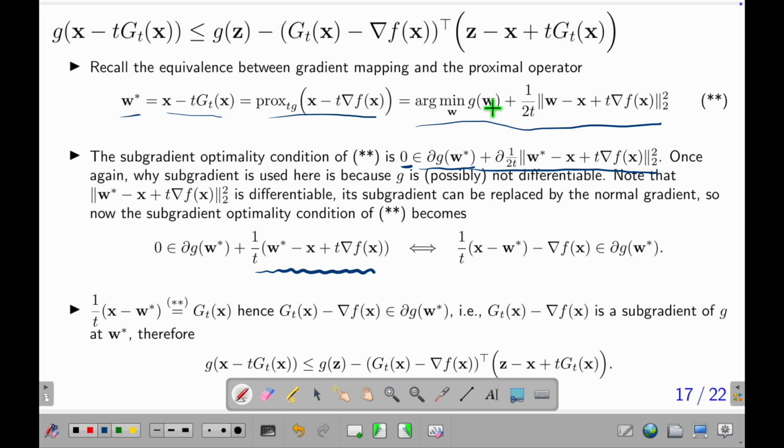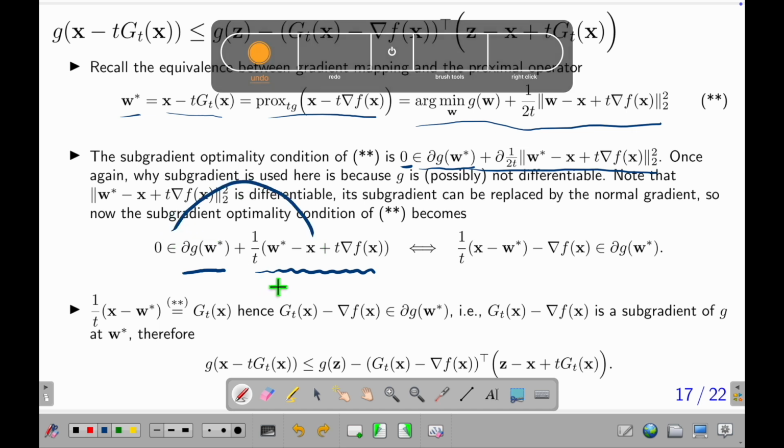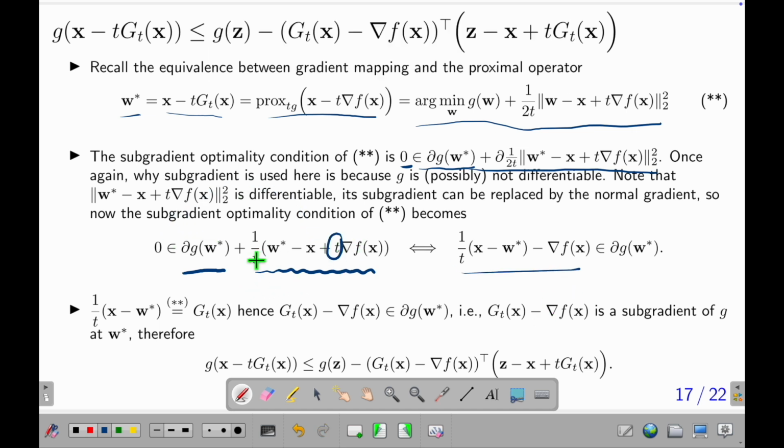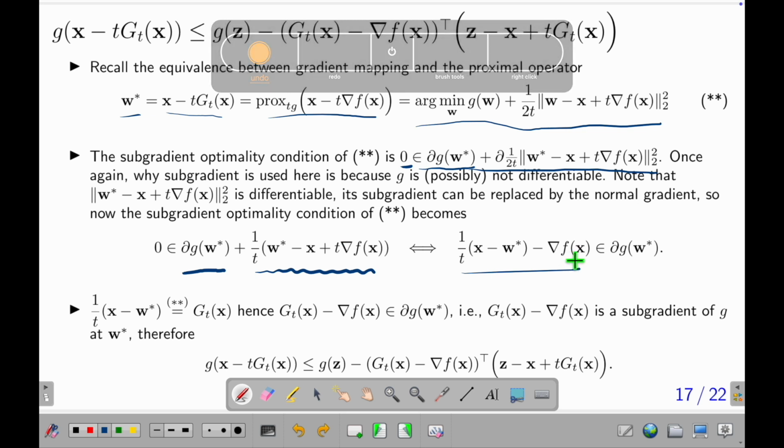This g is a general non-differentiable g. I keep everything here. Okay? So I have 0 belongs to the subgradient plus this. This is a set, so this is a Minkowski sum. But this is a singleton, so I just write normal addition. So now this. Then what? I move this to the other side. Then I have this. And since there are t and there are t here, I don't write down the t in the f. So now I have this thing.